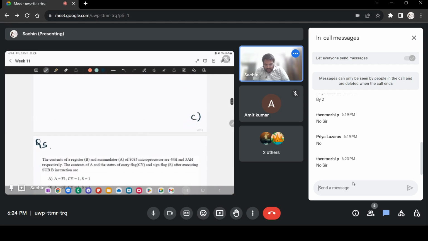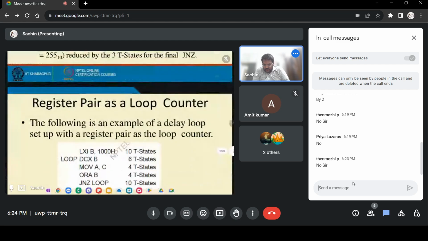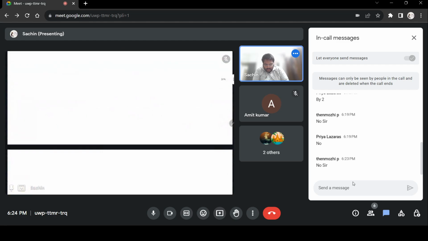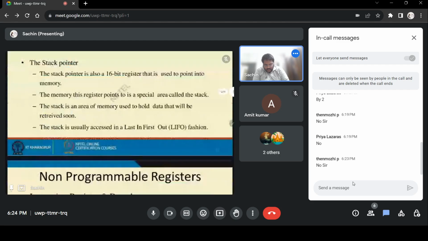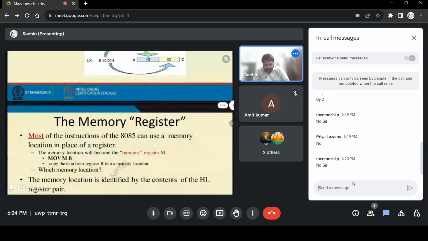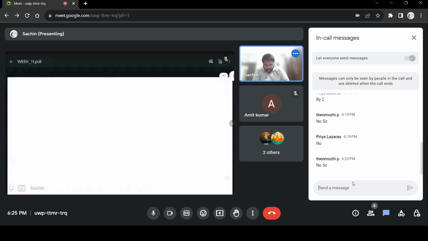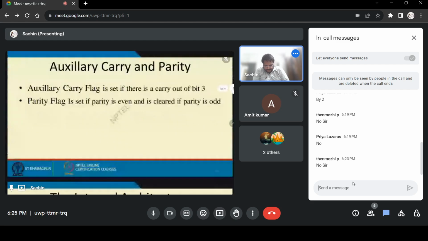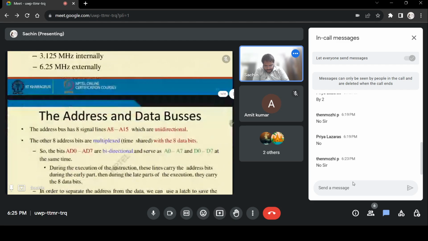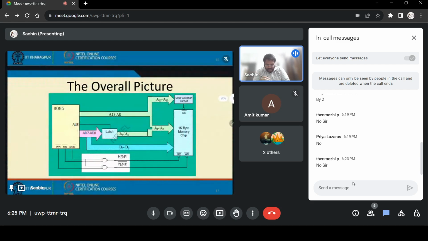Maybe this picture will help you understand better.